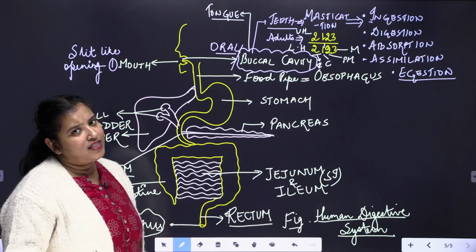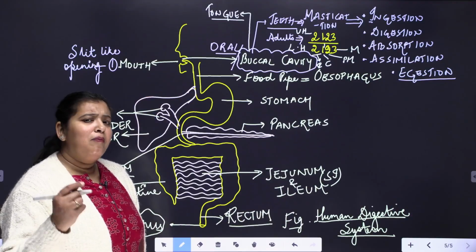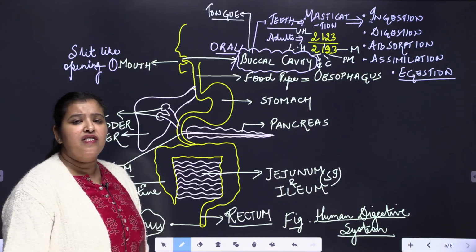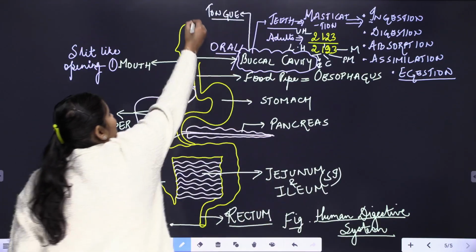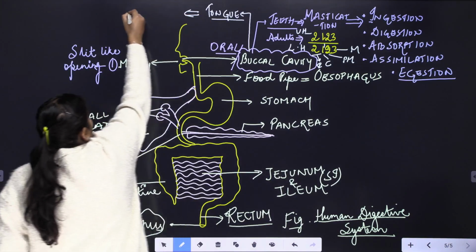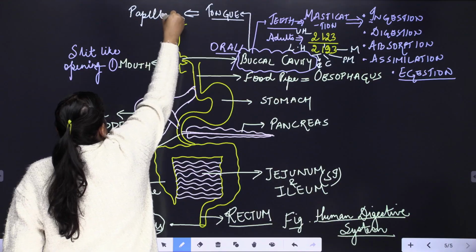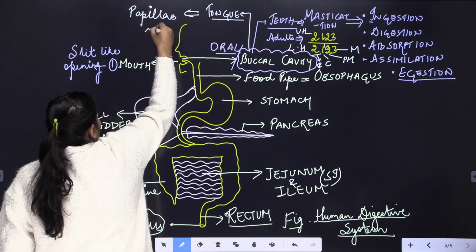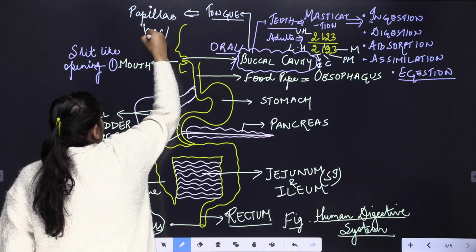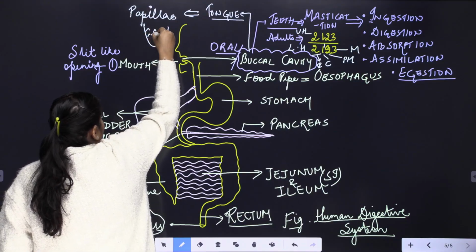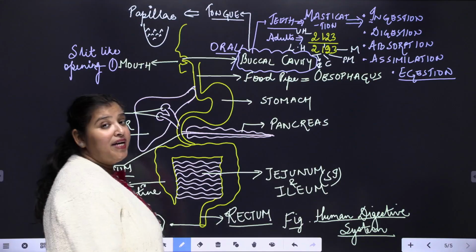Besides that, you know that the tongue helps us to speak. But what important role does it have in the digestive system? It has taste buds in the form of papillae. Papillae are these peg-like structures which are present on the surface of your tongue. All right.